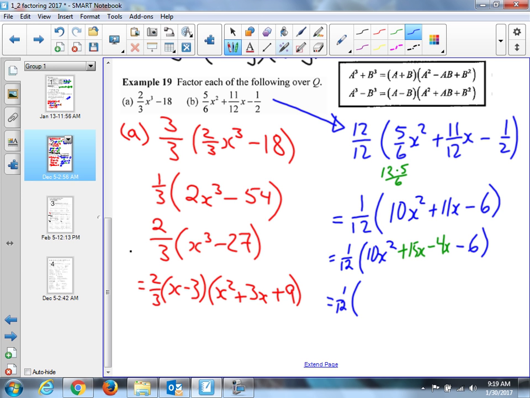So now I look at the front 2 terms. I'm going to start with the square bracket here, only because you don't need to use square brackets. Between 10x squared and 15x, I look at the first 2 terms. The number 5, definitely available, and the letter x is in common. So 5x out of the first 2 terms gives me 2x plus 3.